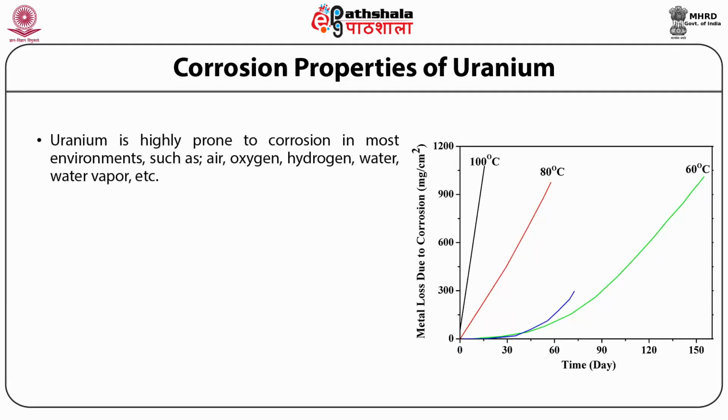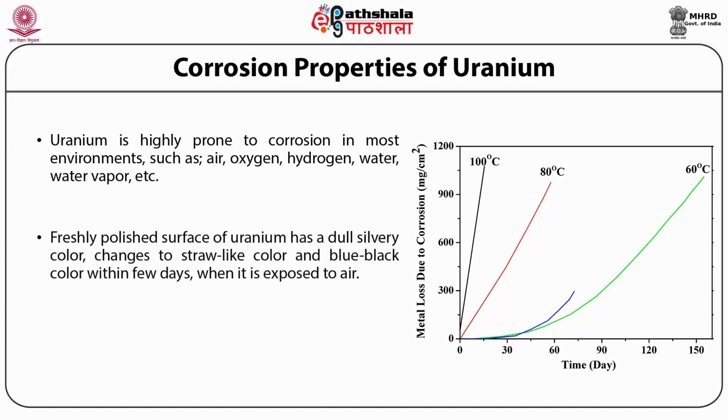Uranium is a material which is highly prone to corrosion in most environments. So now we will be discussing the corrosion properties of uranium. Uranium gets corroded in environments such as air, oxygen, hydrogen, water, water vapor, etc. A freshly polished surface of uranium, which has a dull silvery color, changes to a straw-like color and blue-black color within a few days when it is exposed to air.